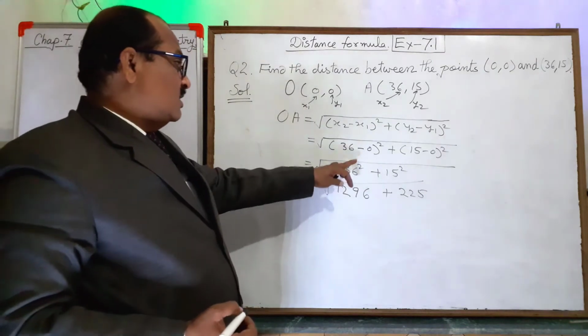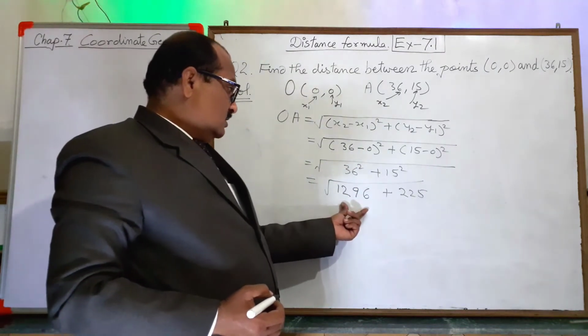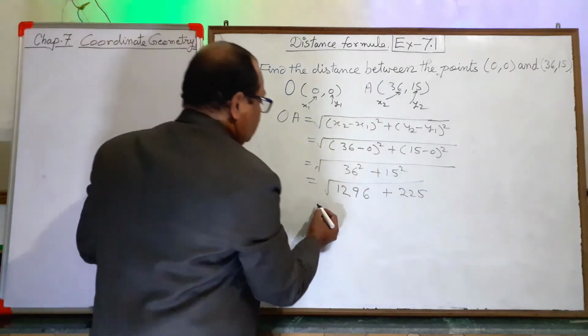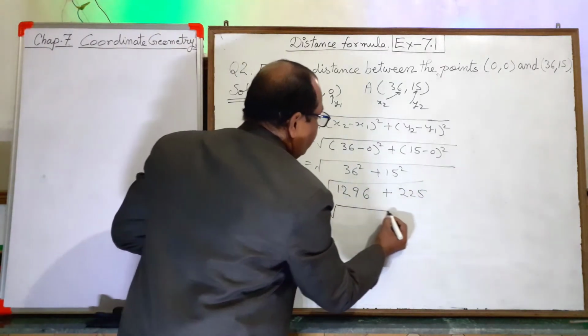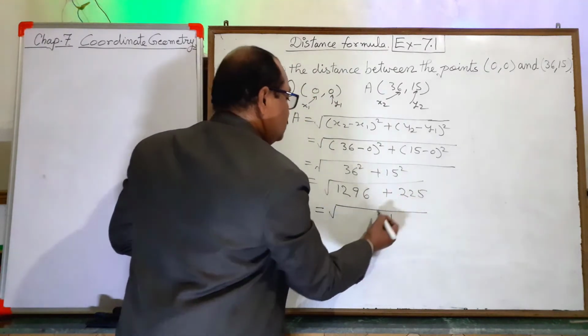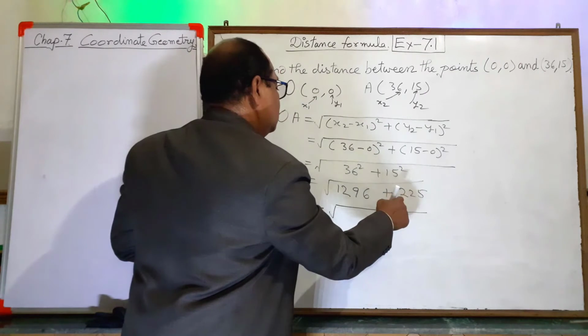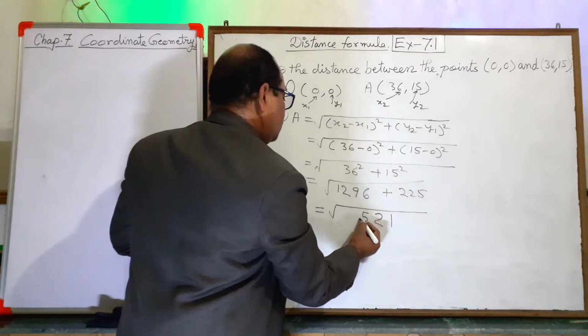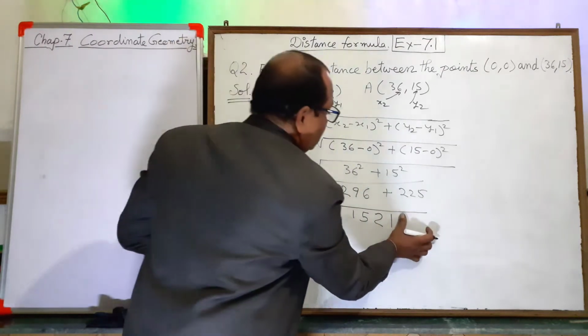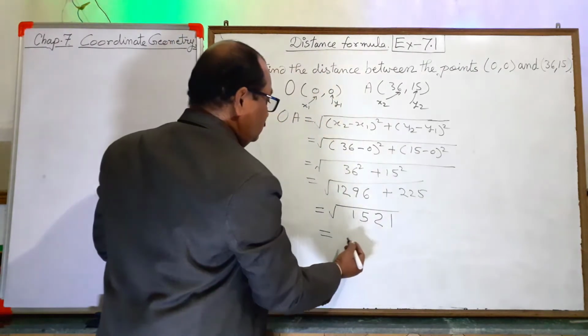So the square of 36 is 1296. Now we will add them. Addition: 5 and 6 is 11, carry 1, 12, carry 1, 5 and 1. If we take the square root of this number, we will get its value.